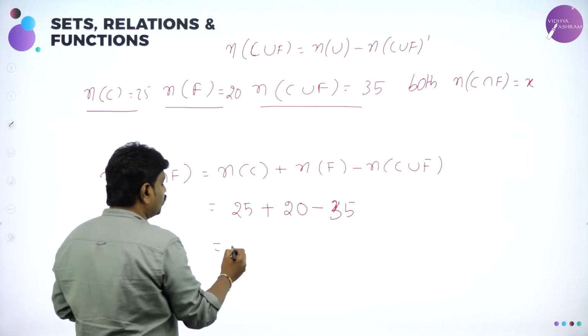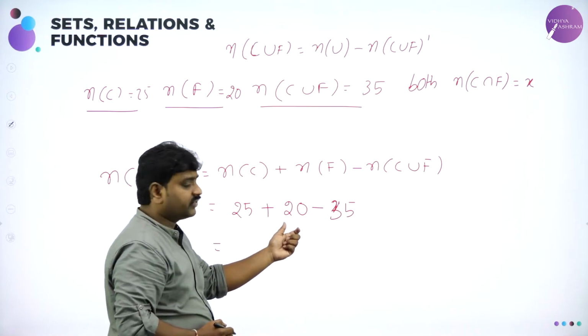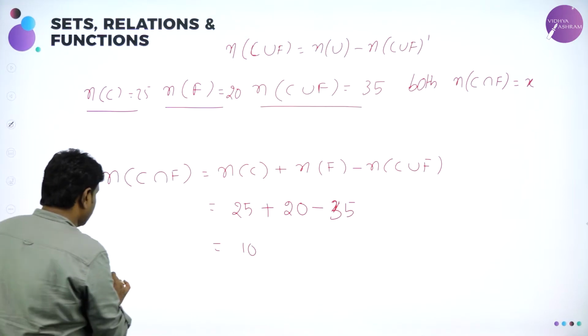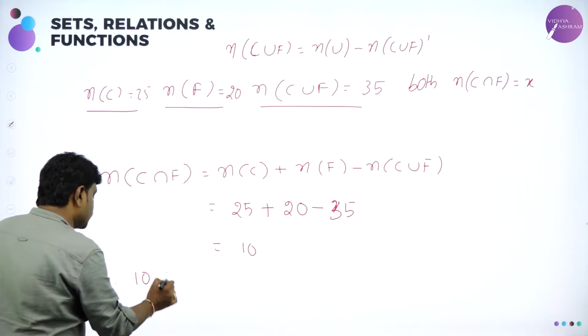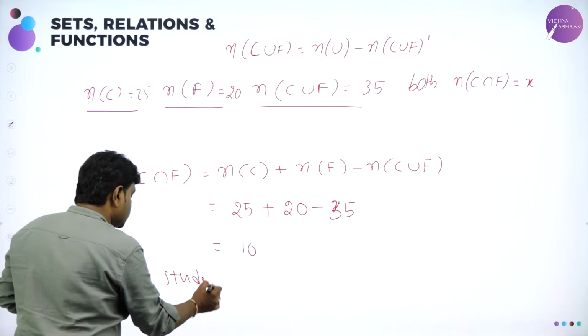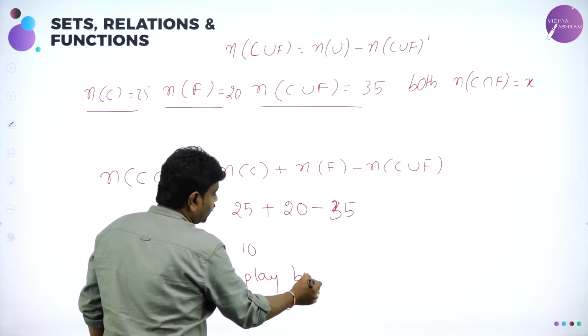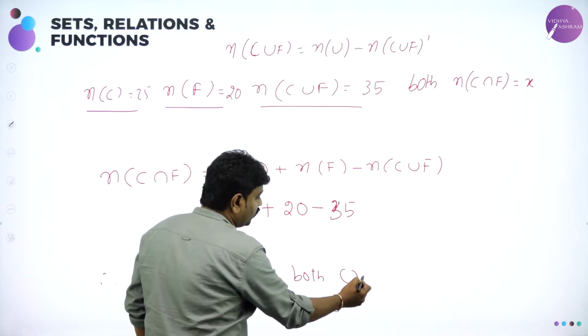Now simplify this. 25 plus 20 is 45. 45 minus 35 becomes 10. So therefore 10 students play both cricket and football.